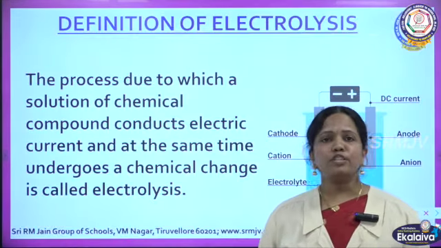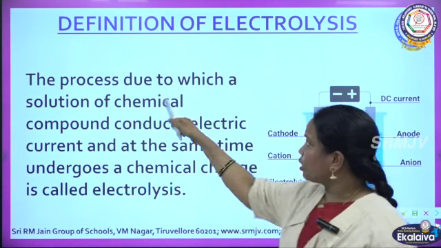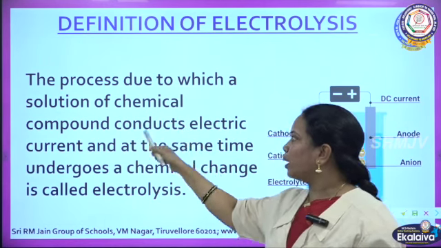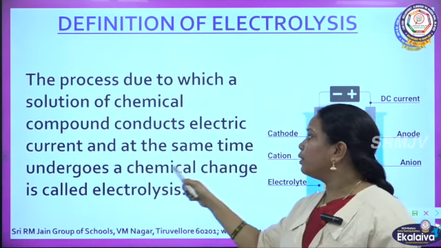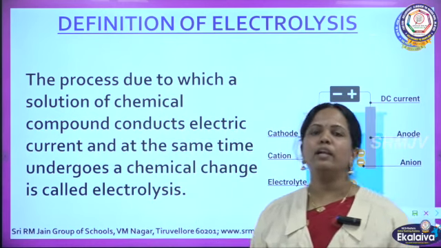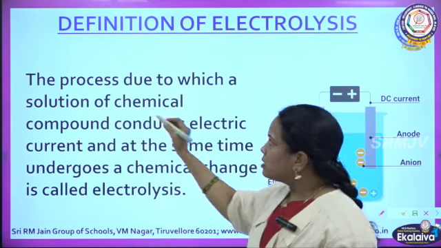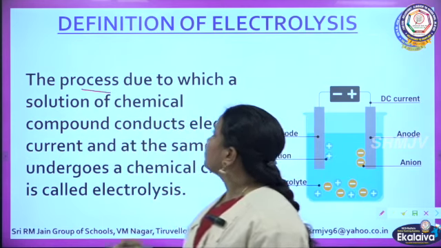Let us see the definition of electrolysis. The process due to which a solution of a chemical compound conducts electric current and at the same time undergoes a chemical change is called electrolysis. So, electrolysis is the process.